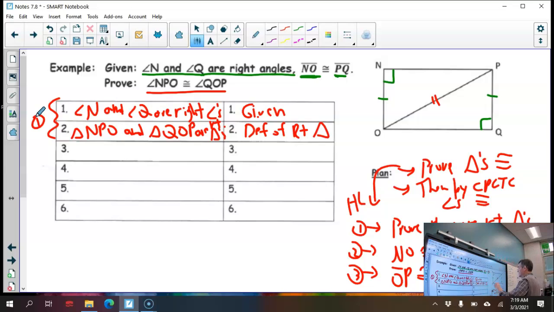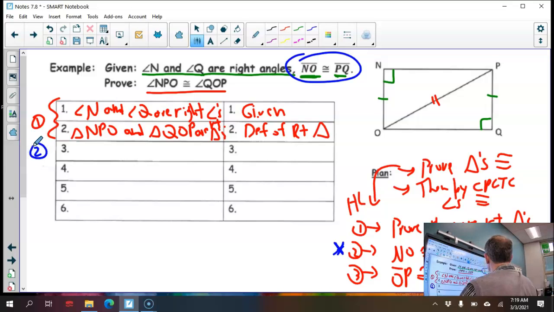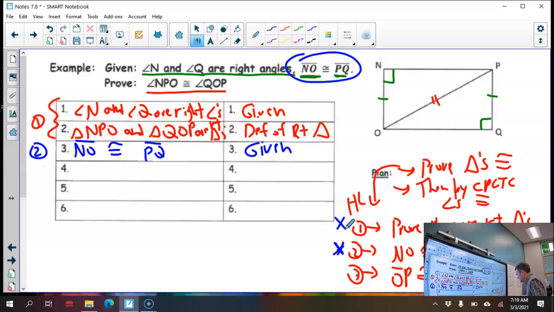All right, the second thing I need to prove is that the legs are equal. That is right here. Well, shoot, that was given. So that's an easy little proof. My second thing I'm trying to prove is that NO is congruent to PQ, and that was given. All right, I've done the first two. I'm down to the third one.